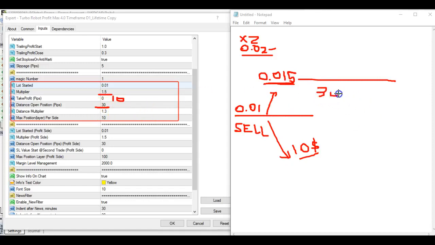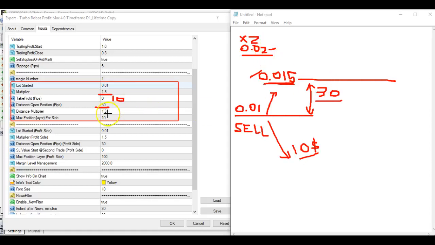What it means is, this is 30 pips wide, so only after 30 pips do I open the next position with 0.015. I hope you get this. That is when you are using the 1.5 multiplier, or if times 2 will be 0.02.